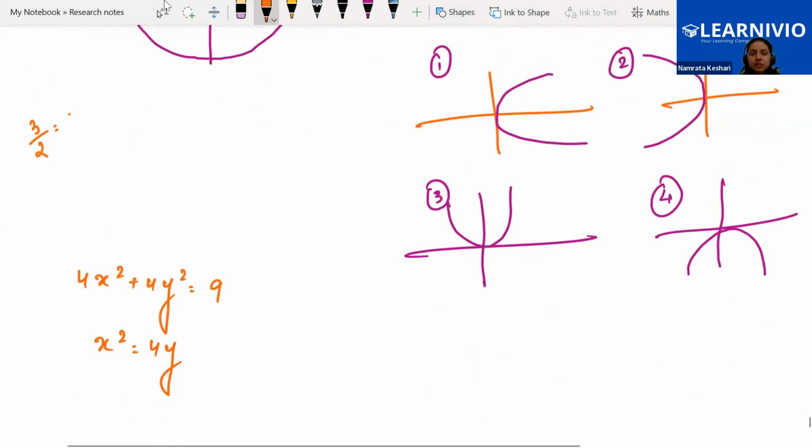Are you able to solve these two equations to get the value of x and y? Yes, ma'am. Yeah, do it.